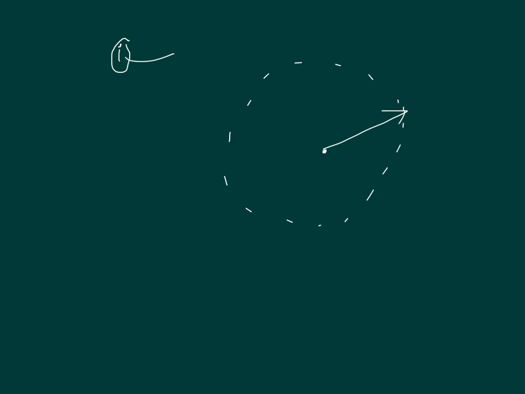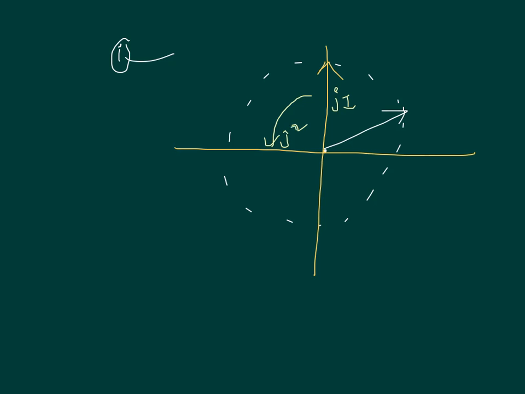Whenever it rotates 90 degrees, let us assume it as j I, and if it rotates 180 degrees, let us assume j square, and if it rotates 270 degrees, it means j cube, that is minus j.